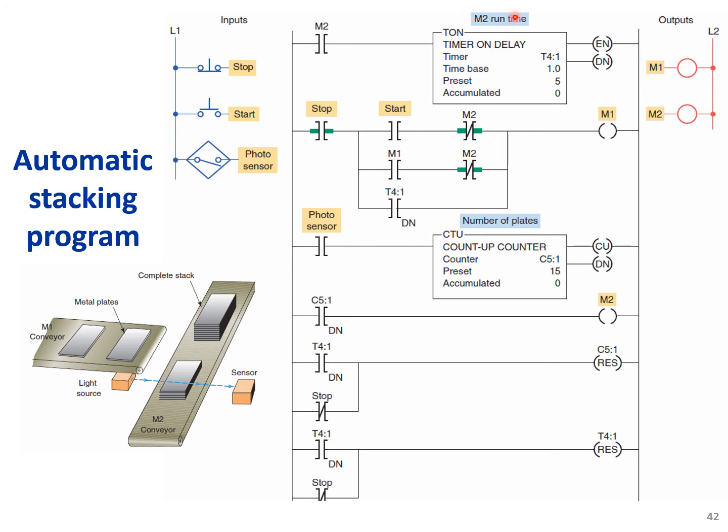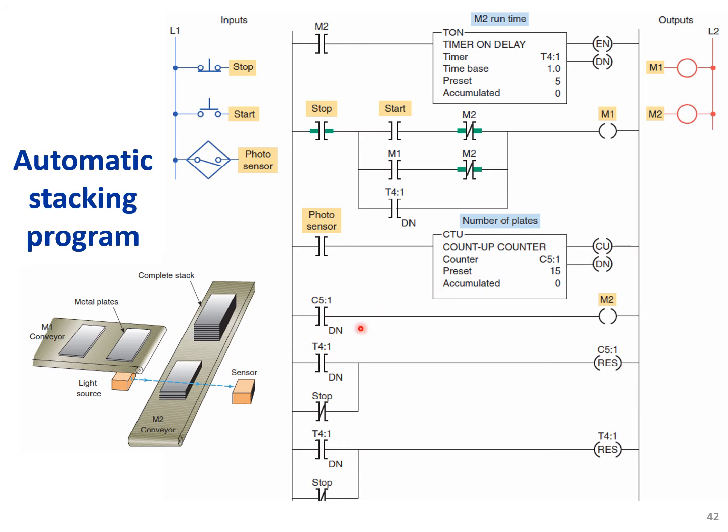So we have one timer for the M2 conveyor, and we have one counter for the number of plates. The photosensor will send a signal to the up counter to increment its value, and once it reaches the preset value 15, it means that the stack is full and we need to move forward.